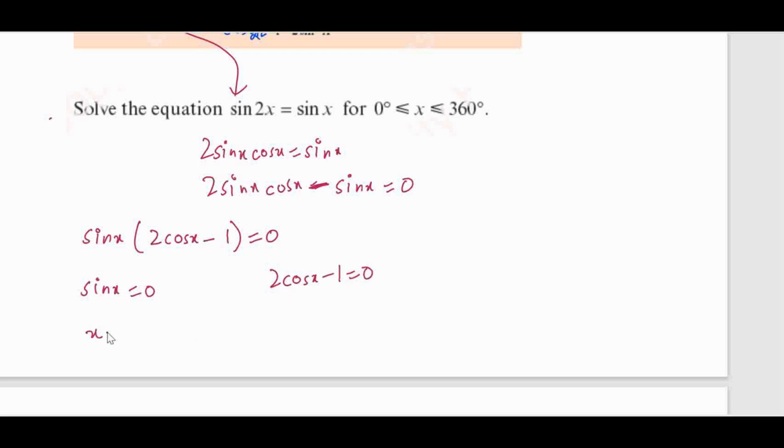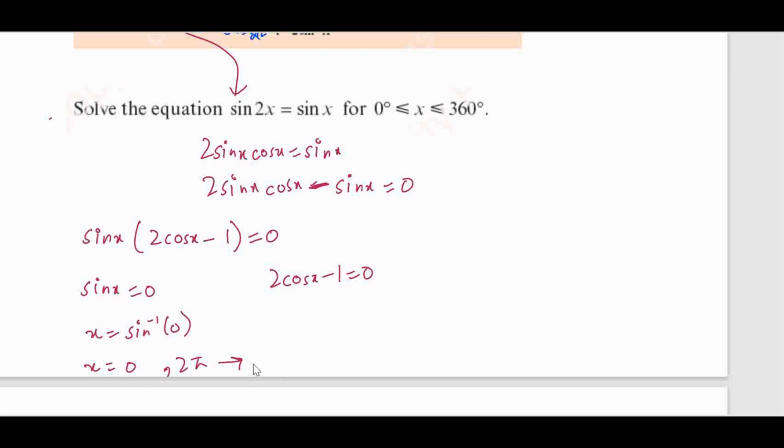If you further simplify it, x will be sine inverse of 0. So we know that sine is 0 at 0, so x will be equal to 0, and then x will be equal to 2 pi. In degrees, it's 0 and 360 degrees, and in radians it's 0 and 2 pi.